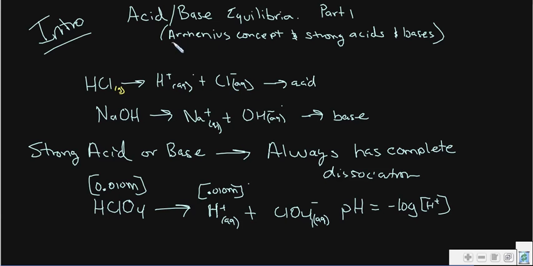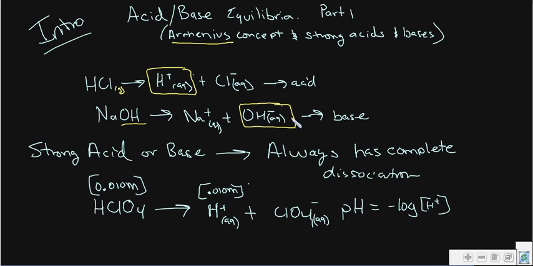According to Arrhenius, anytime you have hydrogen ions in solution, it's an acid. Similarly, anytime you have hydroxide ions in solution, so the NaOH, the sodium hydroxide, dissolves in solution, we get sodium ions and hydroxide ions, and a collection of hydroxide ions in solution is a base. So that's the Arrhenius concept, real simple.